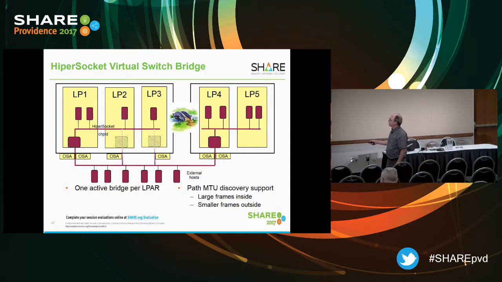But because the destination MAC address is gone, it's no longer on this hypersocket, the hypersocket firmware is automatically handing the frame to the vSwitch. The vSwitch is then putting it out here onto the physical network. It's being picked up over here.